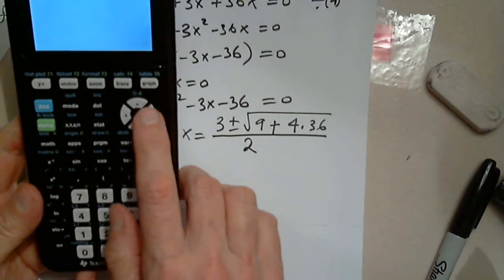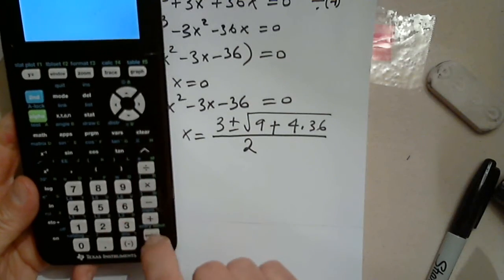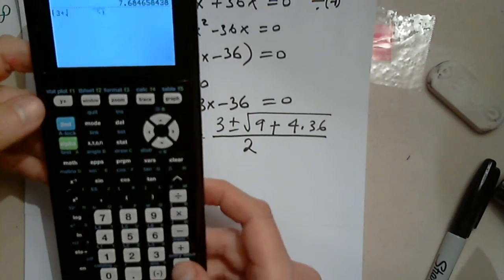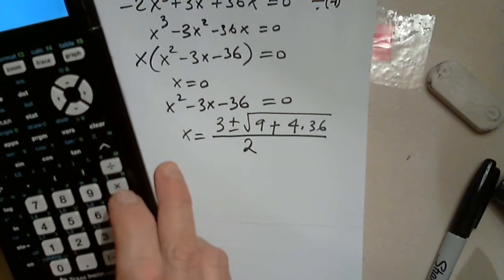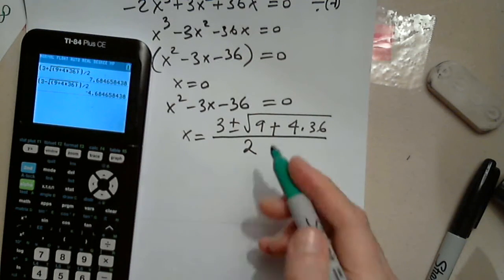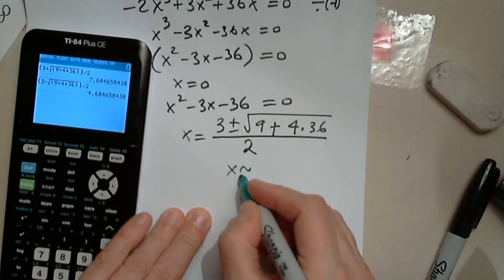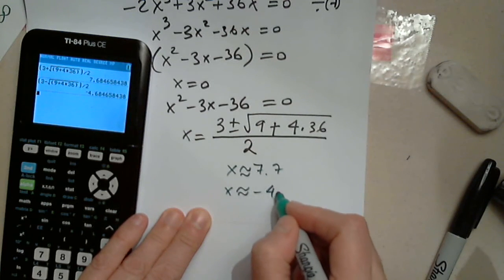Close the parenthesis inside, go outside for the other set of parentheses and divide by 2. And I need the other one as well, in which I override the plus, and negative 4.6. So I'm going to say x approximately 7.7, x approximately negative 4.7.